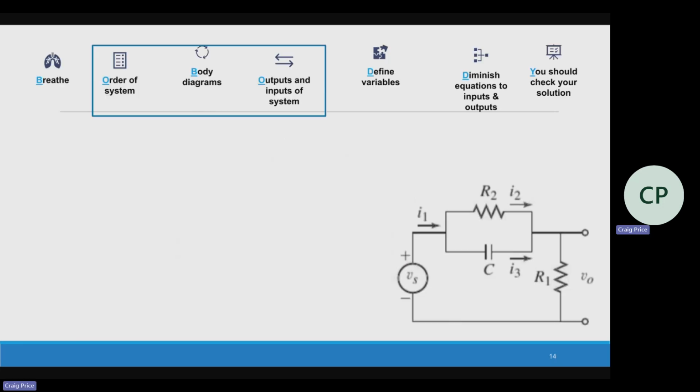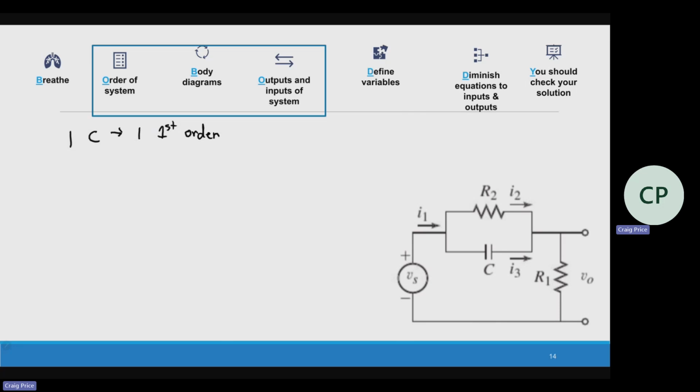I'm going to put 3 steps together on this slide. Can you tell me the order of the system? First order. I have one capacitor, therefore it is one first order equation, which means it's one first order transfer function, which means 1s. No s squares, anything like that.